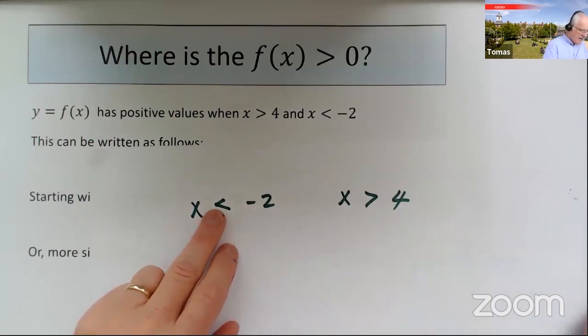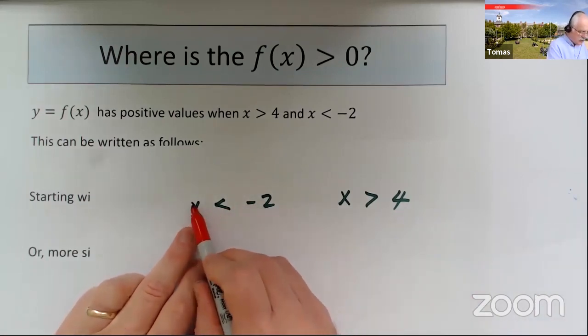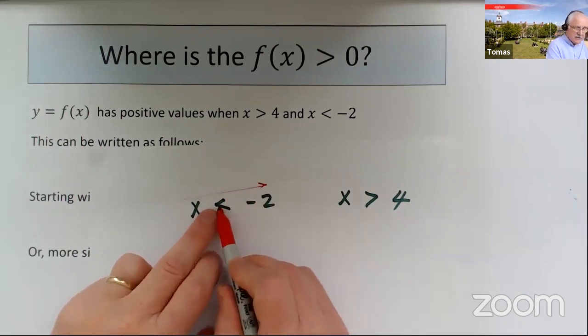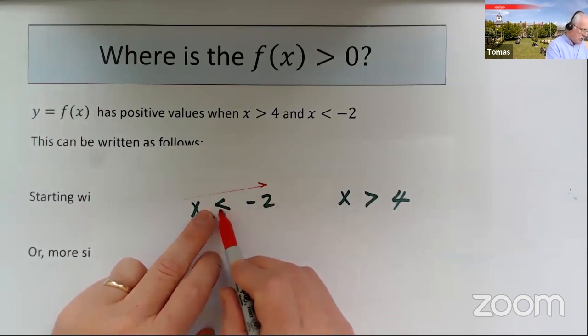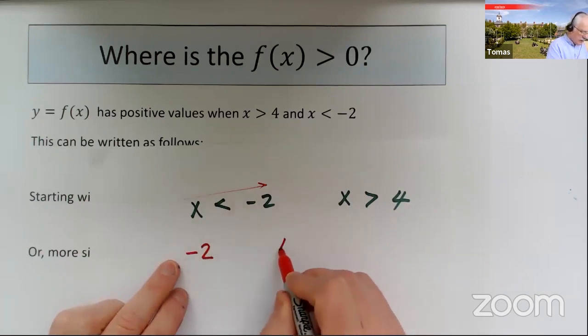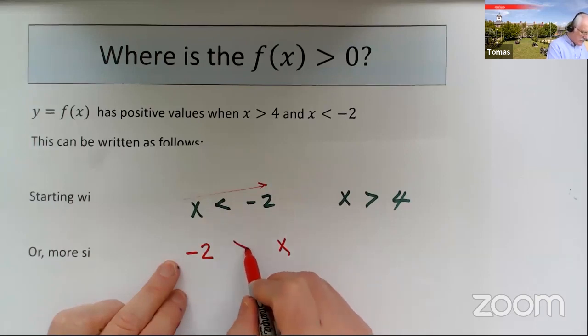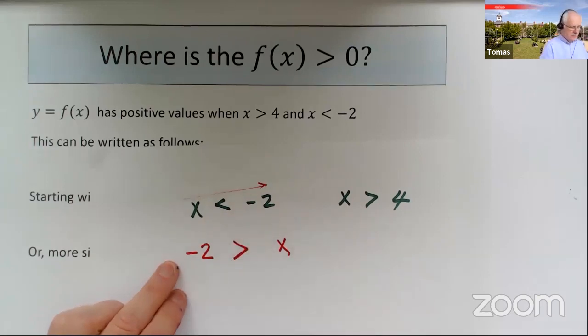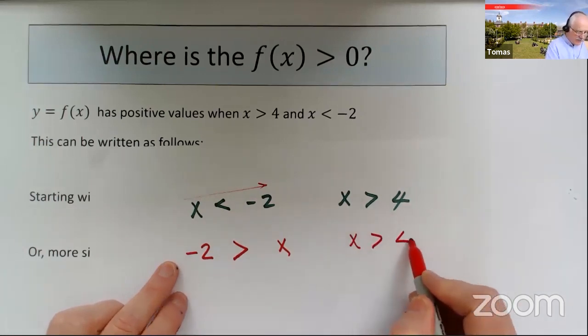If I go from x to -2 on a journey through this page, I hit the pointy bit first, and then it opens out. If I go from -2 to x, I hit the open bit first. So I'm going to write -2 here, and go to x here. But from -2 to x, if I travel, it goes like that. So I've turned that around. So -2 is greater than x. And x is also greater than 4.